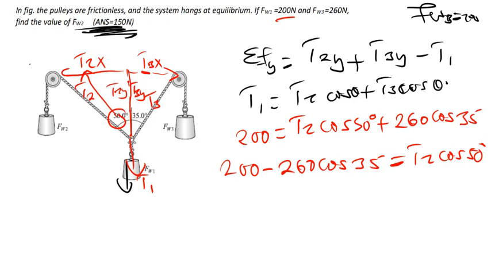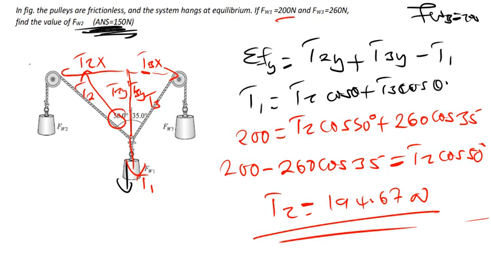My calculator is not performing well now, but if you do that and divide by cos 50, you are supposed to get the same answer, which is 194.67. When you round it off, it's going to be 195. Okay, so that is it for this type of static equilibrium.